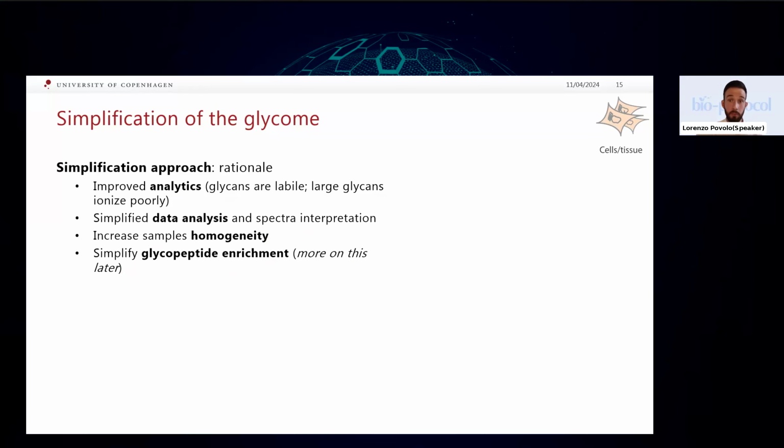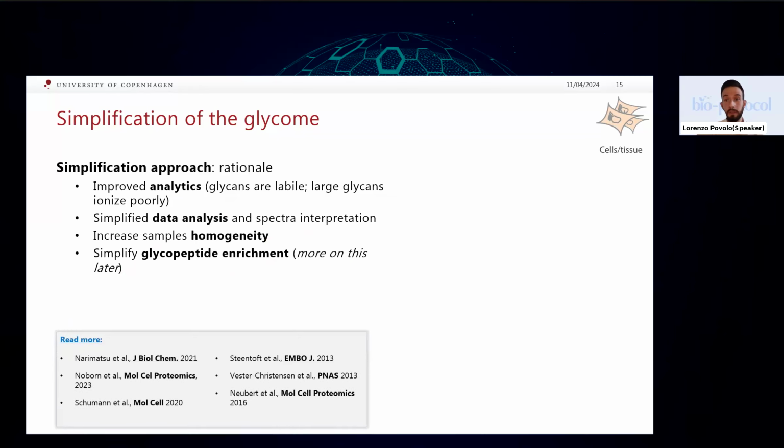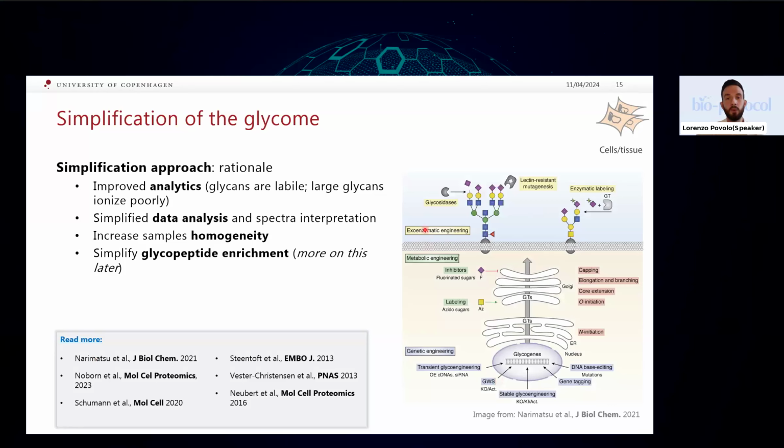Regarding the simplification approaches, I will leave you here some key references. And from the first reference from our center, I have taken this slide that summarizes the three major types of engineering that we can do to simplify the glycome of a cell.